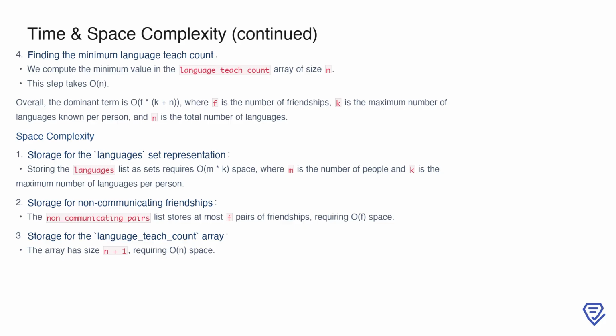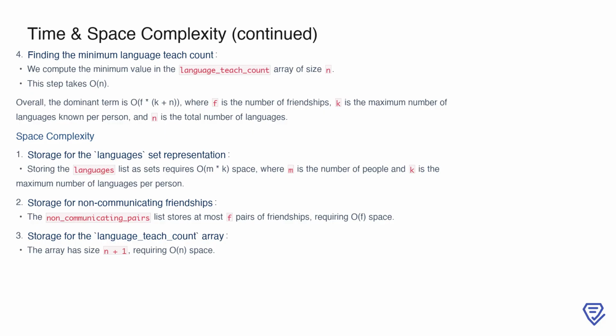This involves finding the smallest value in the language_teach_count array, which has a size of n. Performing this operation takes n. When we combine these steps, the overall time complexity is dominated by f*k plus n, where f is the number of friendships, k is the maximum number of languages known per person, and n is the total number of languages.